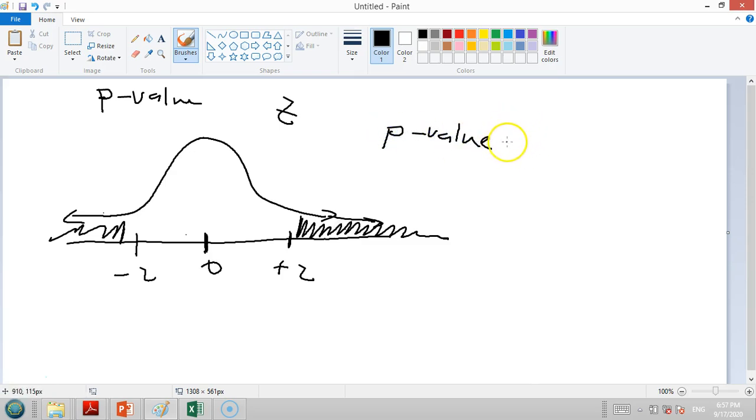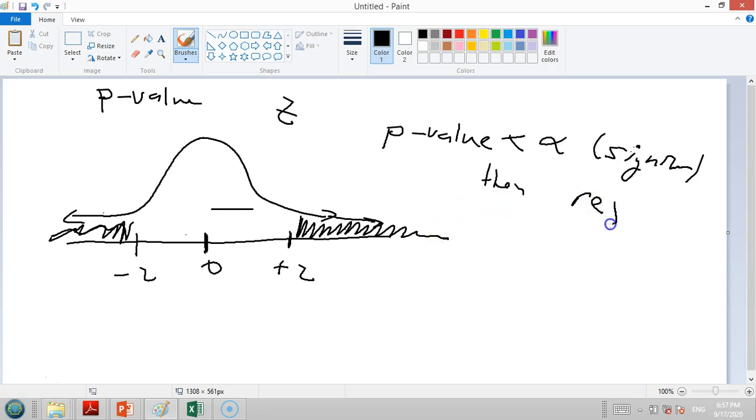If the p-value, in this case, is less than the significance level alpha, then what happens if it's less than? Reject the null hypothesis.